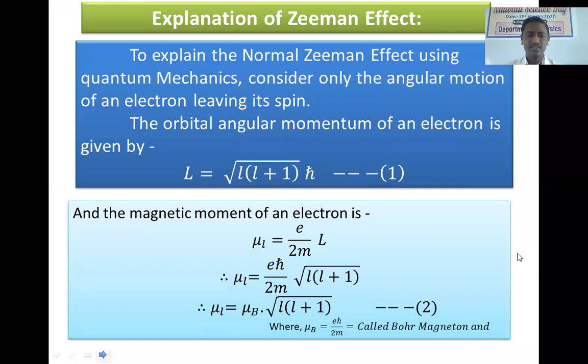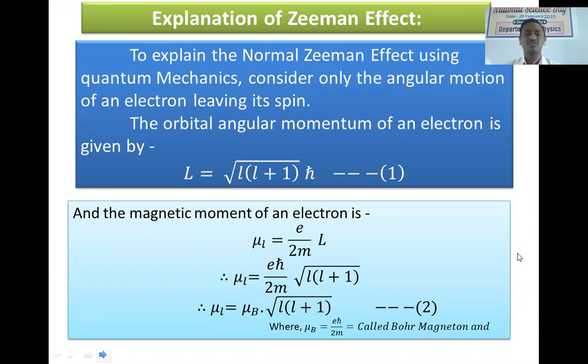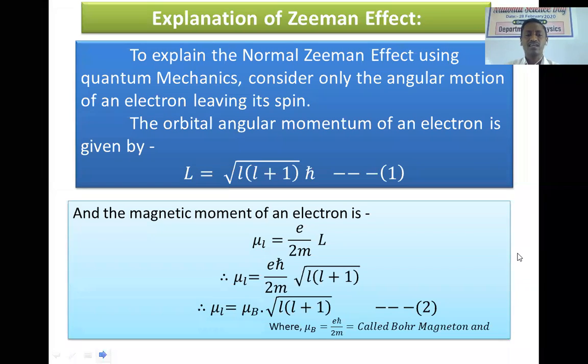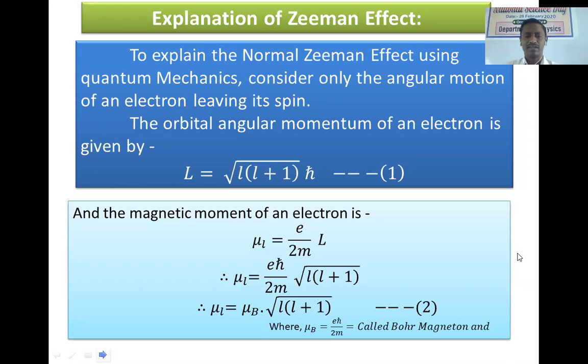From the orbital angular momentum we can find the magnetic moment possessed by an electron. The gyromagnetic ratio is e upon 2m. It is the ratio for an electron, multiplied by the orbital angular momentum.